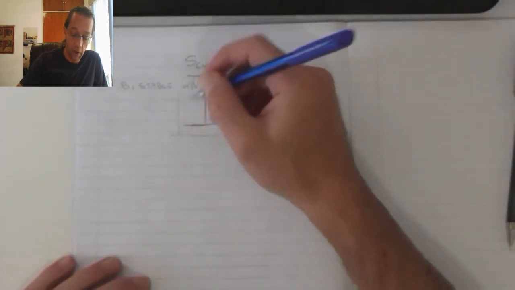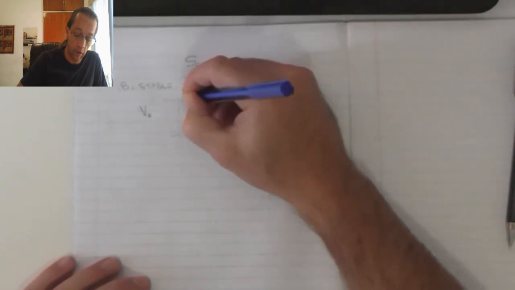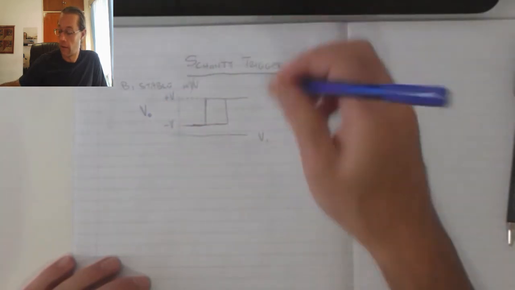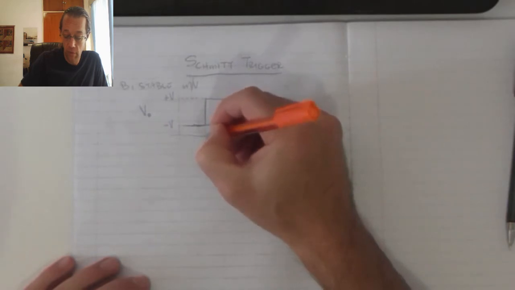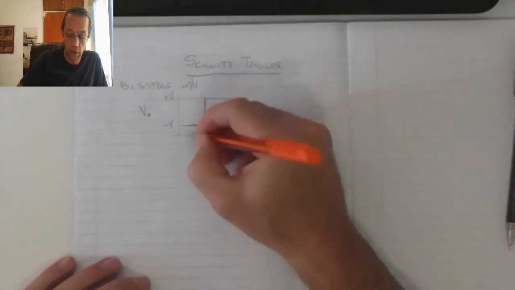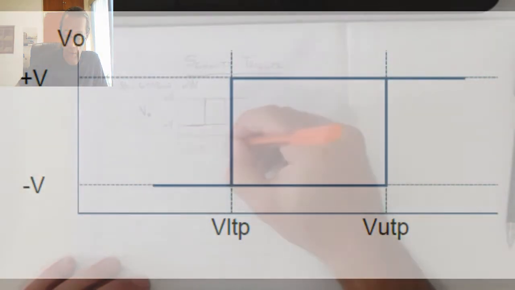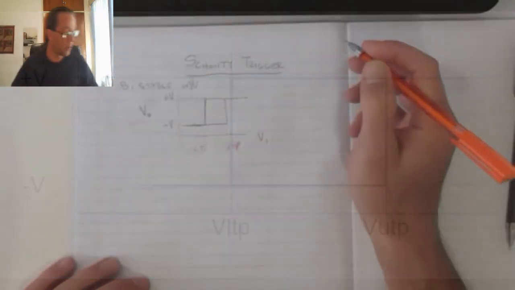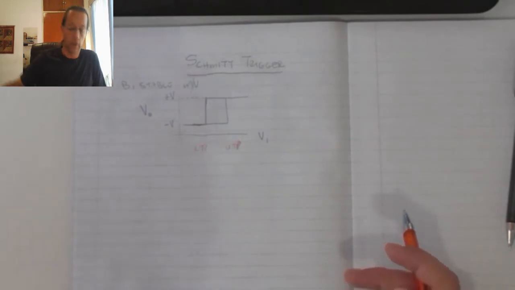On my vertical axis I've got the output voltage, where that would be the value of plus V and that would be the value of minus V. Now because of the circuit's construction it generates these two levels, which is my lower trigger point, or lower trigger value, and also my upper trigger value, or upper trigger point. That's all due to the construction of the circuit.